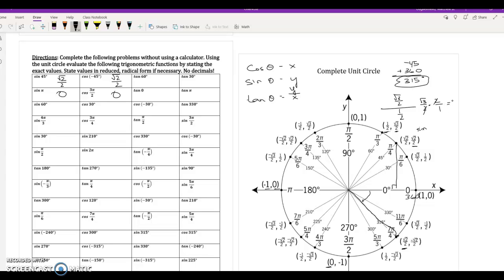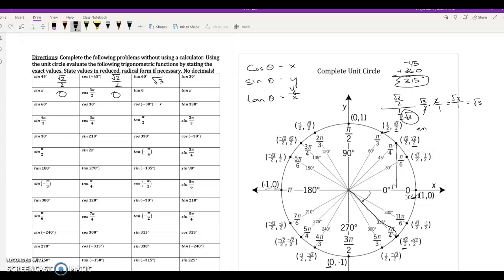So the 2's reduce and you get the square root of 3 over 1, which reduces to the square root of 3. So the tangent of 60 degrees is the ratio of square root of 3 to 1. Okay. So if you wanted to, on your nice complete unit circle, you could just add a square root of 3 out to the side here, just to remind you that the tangent of this one will always be square root of 3 at 60 degrees.